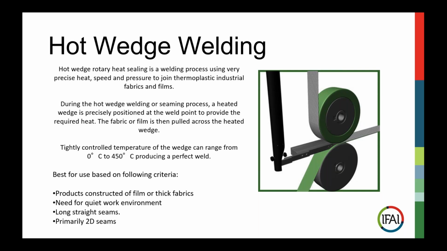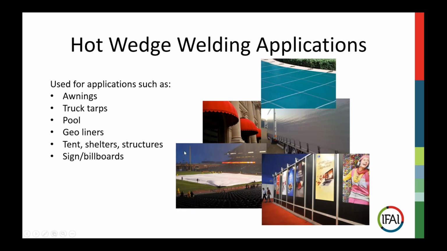So again, with wedge welding, you're going to be able to create your hems, hemming cords, keders, single-sided keder, double-sided keder, pockets, weldable webbing, weld zipper, overlaps. Places that you would use this, companies that would use this, are making awnings, truck tarps, pool liners, tents, shelters, structures, signs, billboards, and so on and so forth.